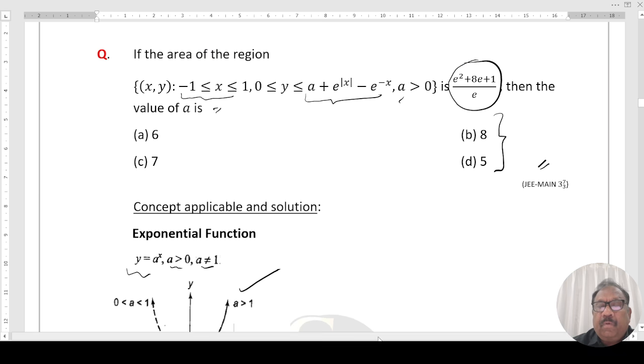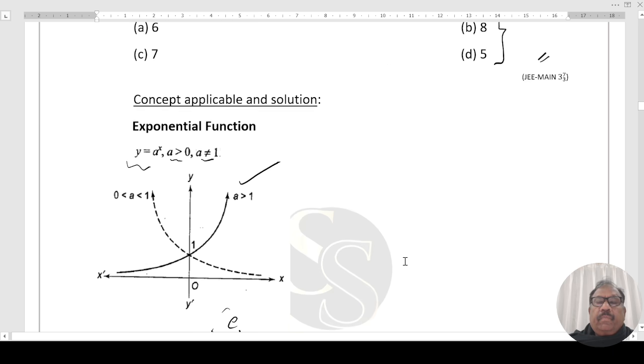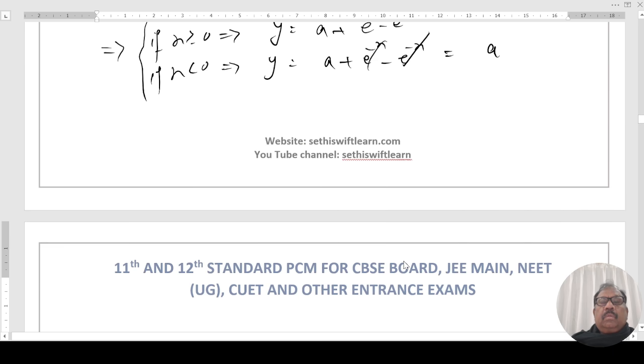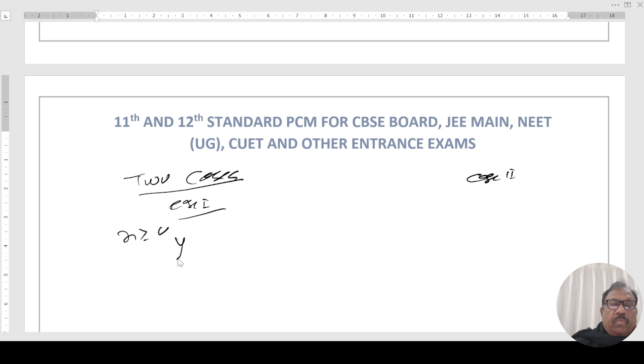Now let's plot the graph. Two cases are there. Case 1, case 2. When x is greater than or equal to 0, y equals a plus e to the power x minus e to the power minus x.